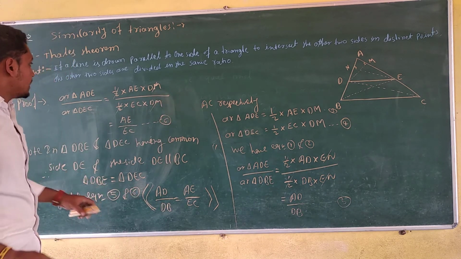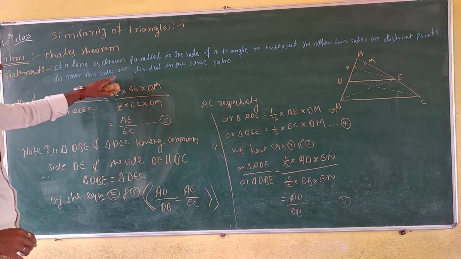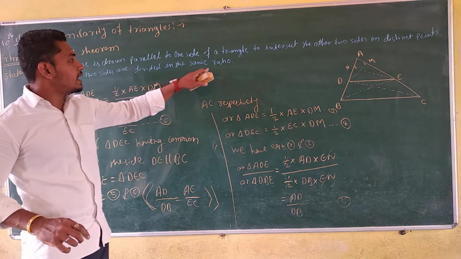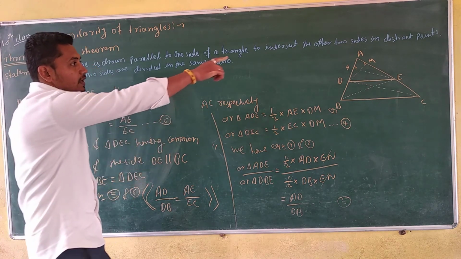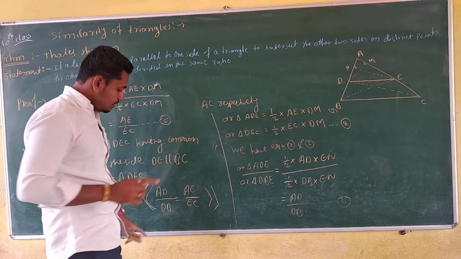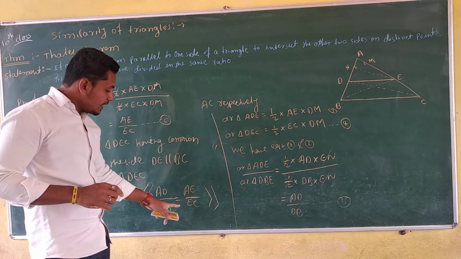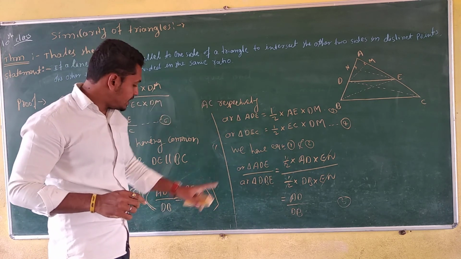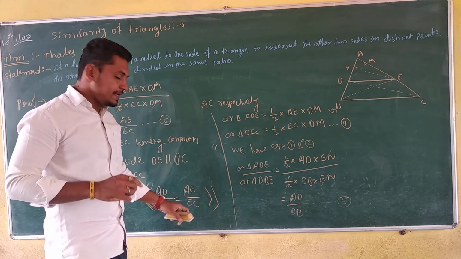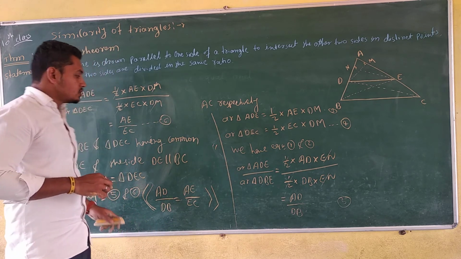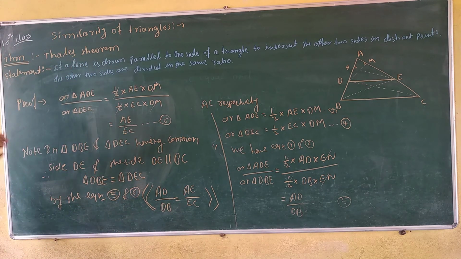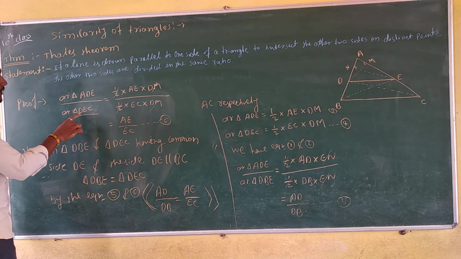Okay, we proved that. See here, the other two sides are divided in the same ratio. Means the ratio of AD divided by DB is equal to AE divided by EC. Is it right? So please note this down, and correct it to triangle DEC.